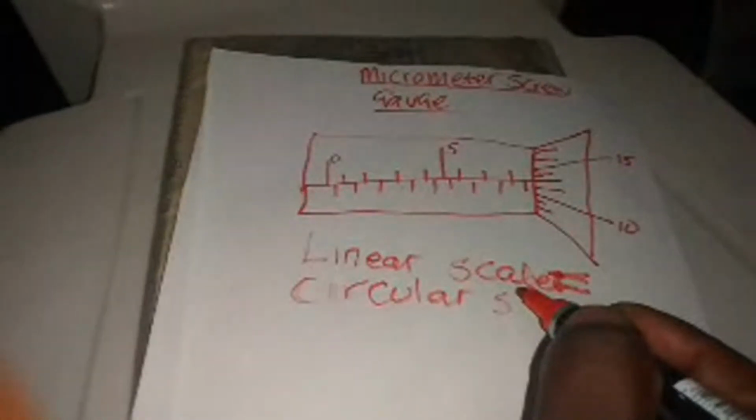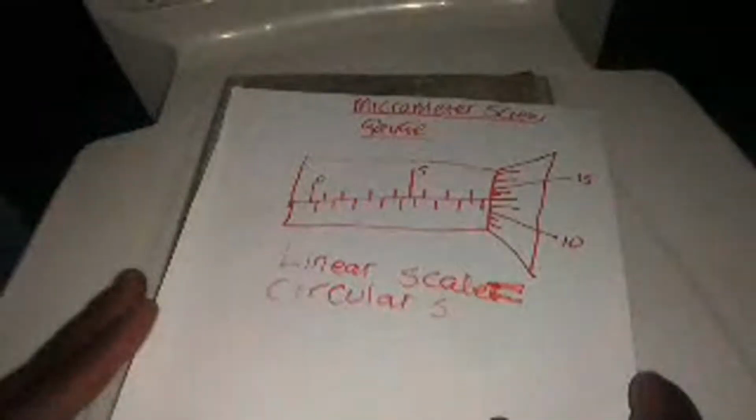On the micrometer screw gauge there are two scales, a linear scale and a circular scale.